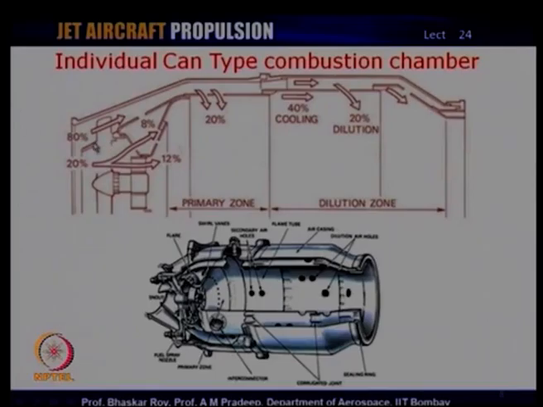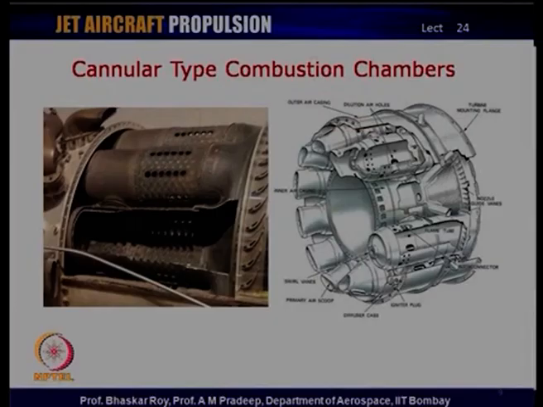Air is coming in, it is split in two parts. A minor part comes in and participates in the combustion process. The major part bypasses the combustion process and comes in later on for cooling purposes. We will take a look at what happens in the combustion process in the subsequent slides, but let us take a look at the other kind of combustion chambers that are used in the modern gas turbine engines.